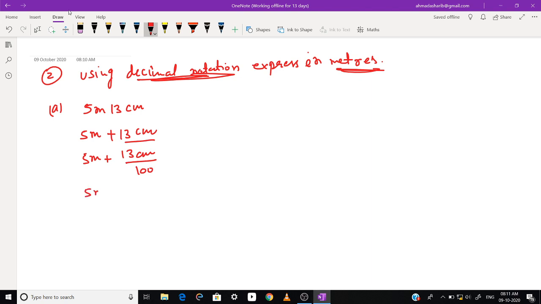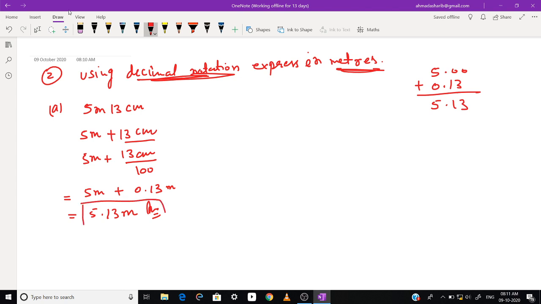It will be 5 meter plus 0.13 meter. Now add 5 and 0.13, so it will be 5.13. So your answer is going to be 5.13 meter. Basically, you have to write your answer in decimal and in meter. I hope it is clear now.